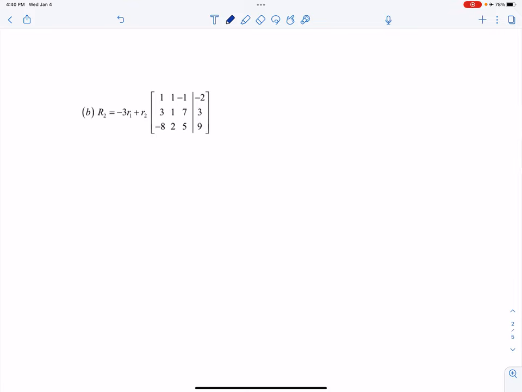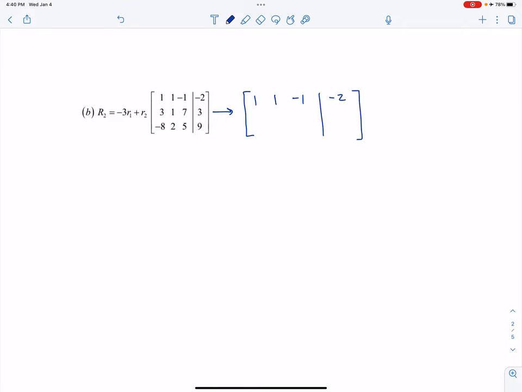Okay, next up, we're going to multiply row 1 by -3 and add it to row 2. So, row 1, we have 1, 1, -1, -2.